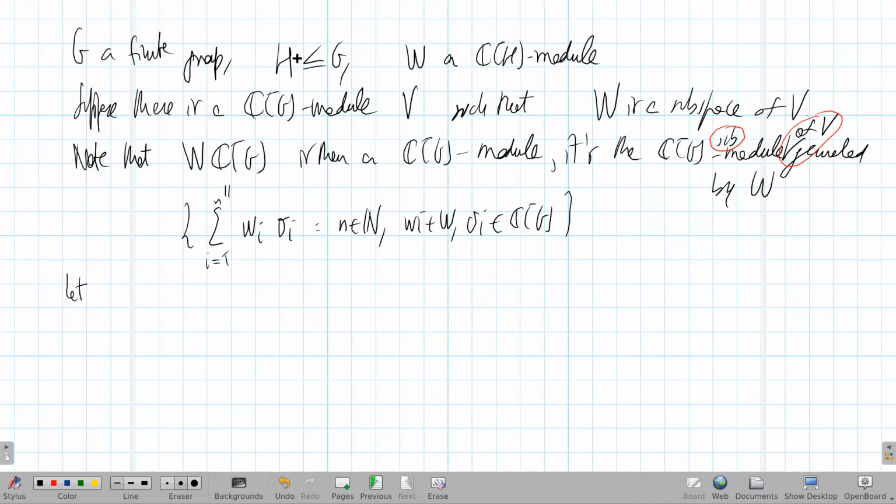Okay, so this is a finite group. Everything is finite here. In particular, the number of cosets of H in G is finite.